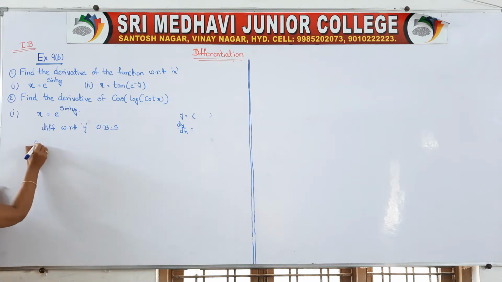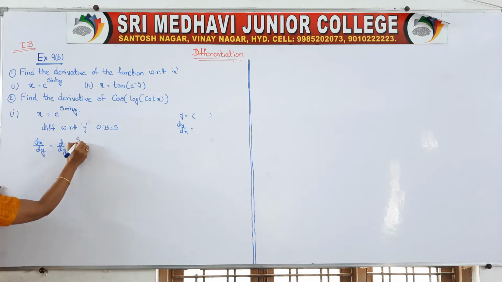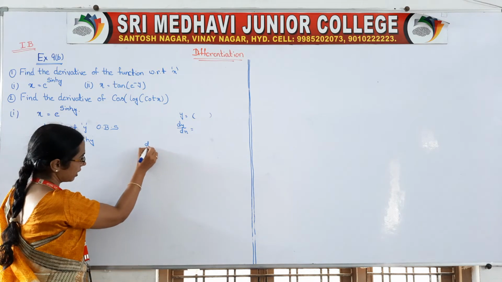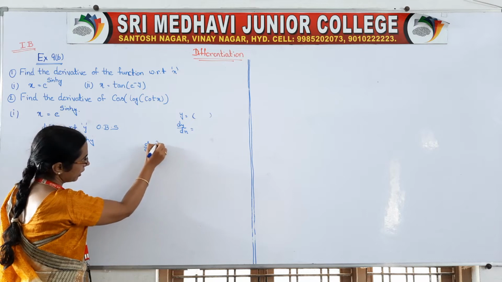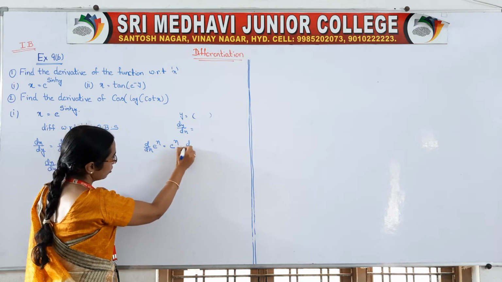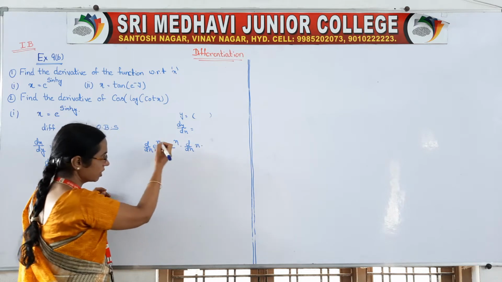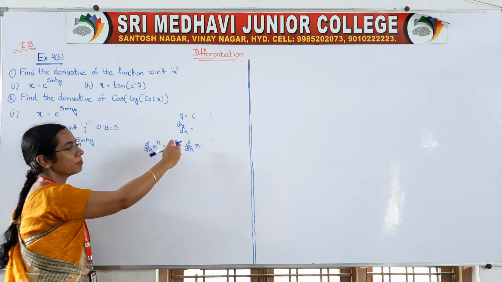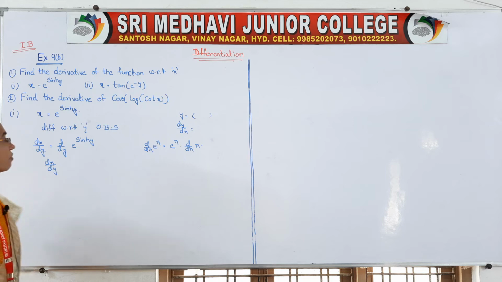Then what happens? dx by dy is equal to d by dy of e to the power of sinh y. So dx by dy is equal to normal differentiation. d by dx of e to the power of x is e to the power of x into d by dx of x. That means d by dx of e to the power of a variable is equal to e to the power of the variable into d by dx of that variable.